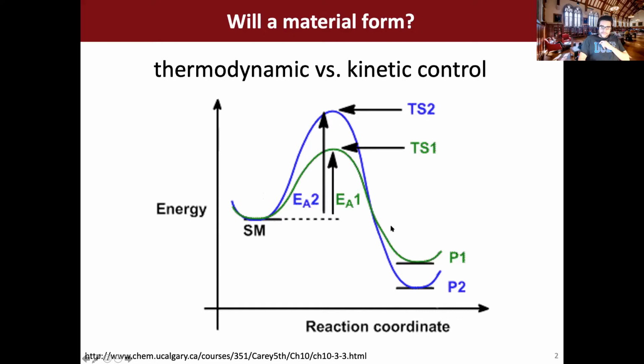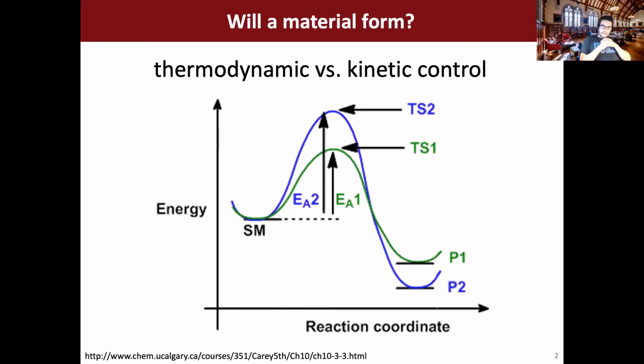If you just look at the lowest energy, it is product 2, P2. But the pathway to get there is much larger than for P1. So thermodynamically, P2 is more stable, but kinetically, it is easier to achieve P1 because the pathway is shorter. I just want to demonstrate the difference between thermodynamics and kinetics, and both are very important.